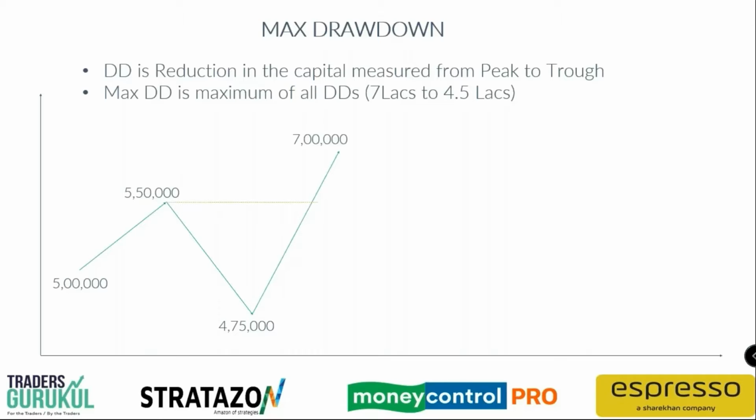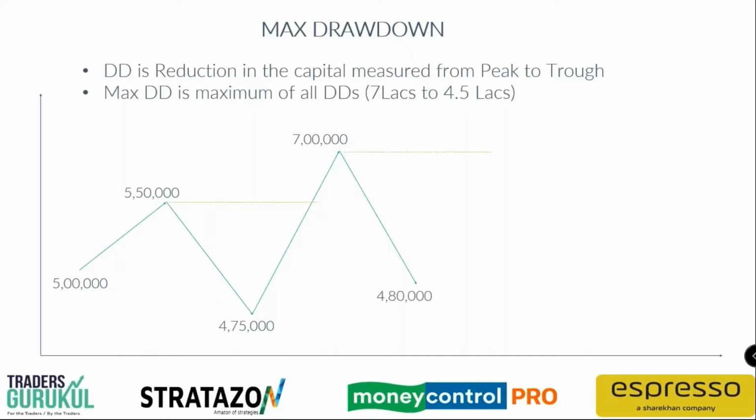Now again your capital becomes 7 lakh after a few months. So this is a new peak for us, and we will be calculating the new drawdown, if it happens, from this point only. Until we cross 5,50,000, we will remain in the drawdown, and as soon as we cross this 5,50,000 benchmark, our new peak will be there. And if we incur some losses, then we'll calculate these losses from this new peak, right?